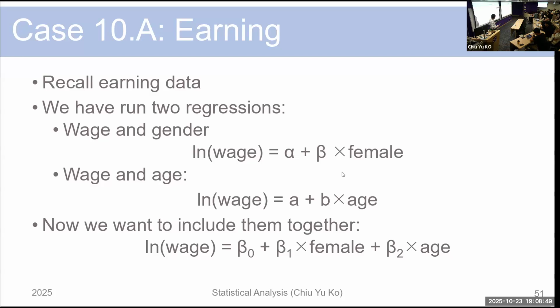So if you run this through regression, we'll show that the female coefficient is negative, because of the gender gap. And we also saw in the last class that age is positive, because the more time you work, the more experience you have, and age is capturing experience.